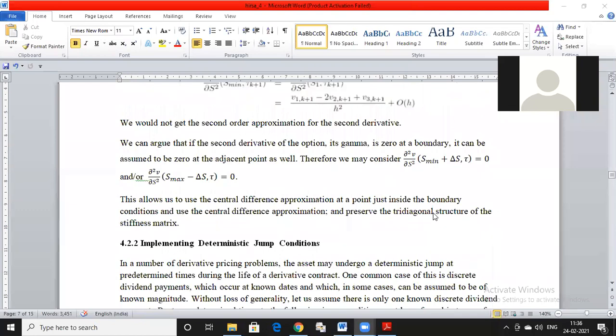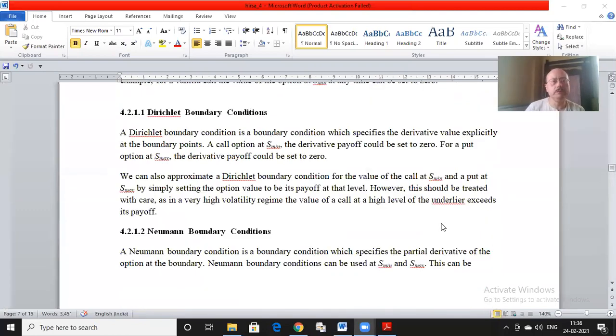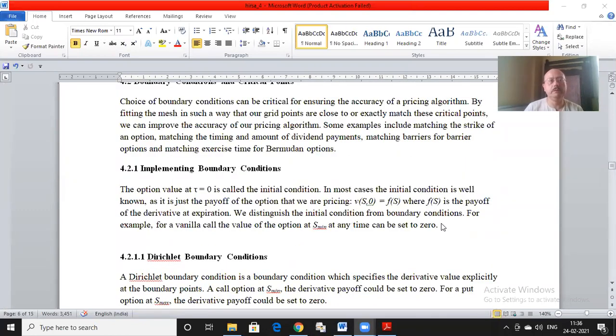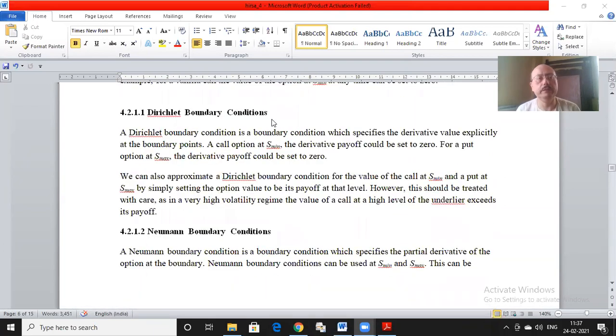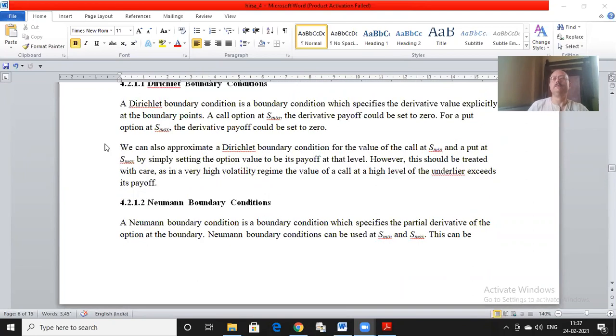All right. So we talked about some of the boundary condition strategies, in particular Dirichlet and Neumann boundary conditions, where Dirichlet is on the derivative value and the Neumann boundary condition is on the partial derivatives itself.